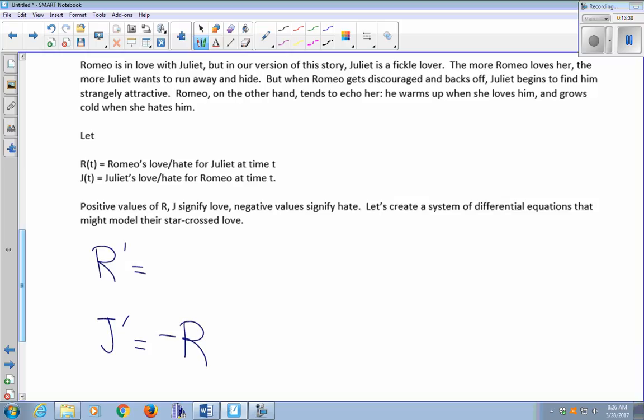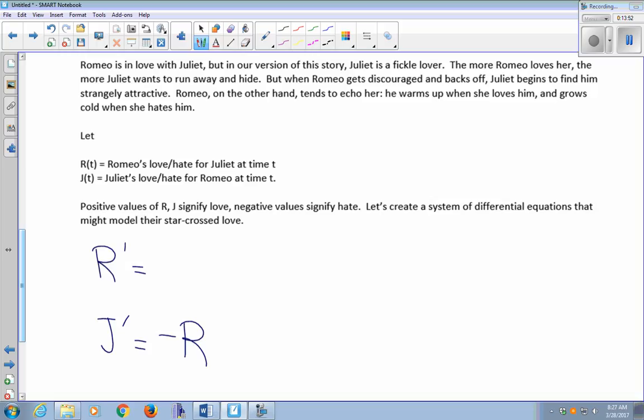All right, and when Romeo gets discouraged, so if he's backing off, his feelings are cooling, then Juliet likes him again, right? So if Romeo's feelings were negative, we have a negative here that's going to make Juliet's feelings actually become positive. Her feelings will grow.